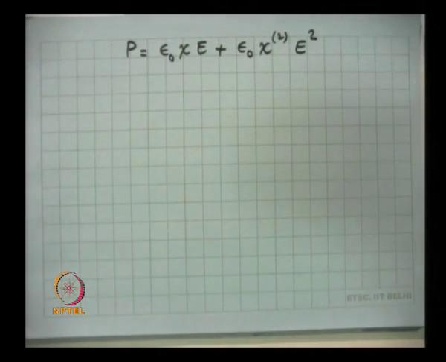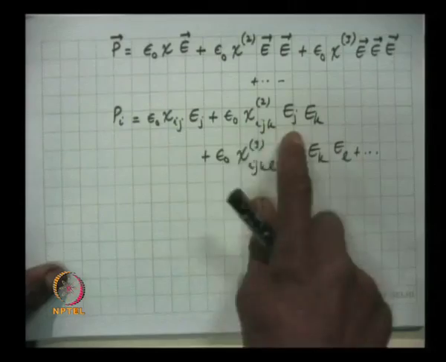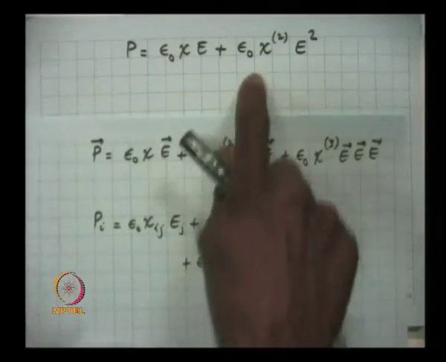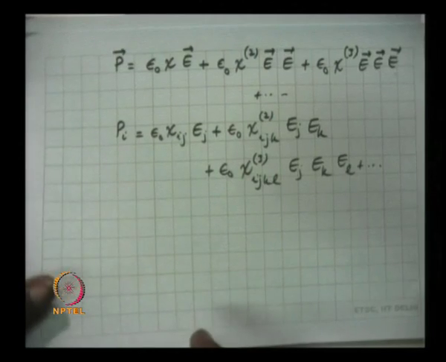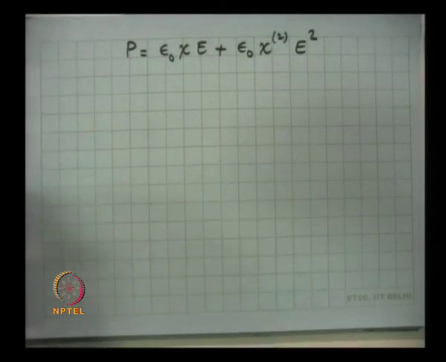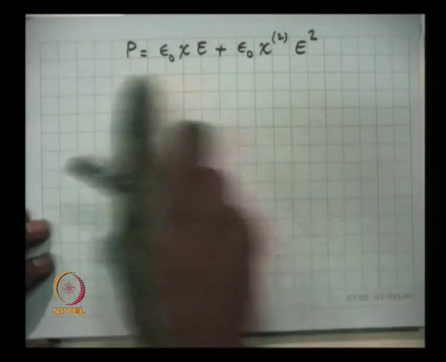I just write a scalar equation representing the vector equation. We will come back and discuss in more detail how to write this equation in terms of an effective chi 2 susceptibility and so on, but right now we want to understand the fundamentals of the new frequency generation, and so we will start with some scalar equation here.